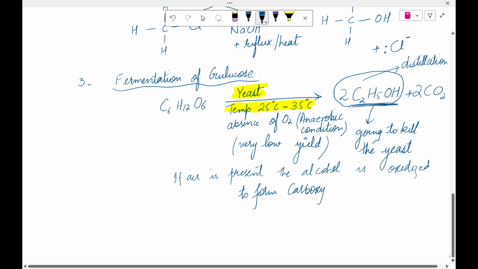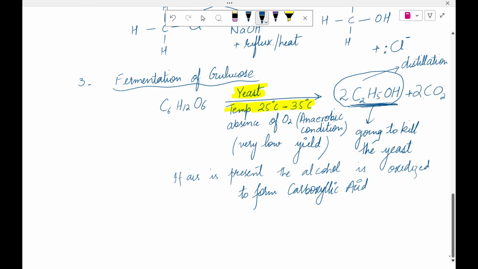So that is why we don't require oxygen. Because if oxygen is present, then this alcohol has been oxidized to form carboxylic acid. So that is why we basically prevent the presence of air in this reaction. Is that clear, Sultan?